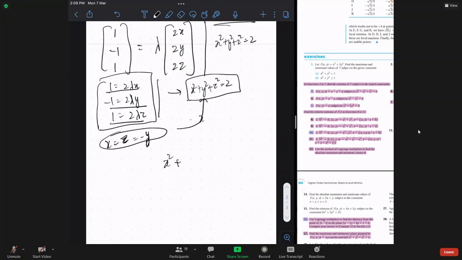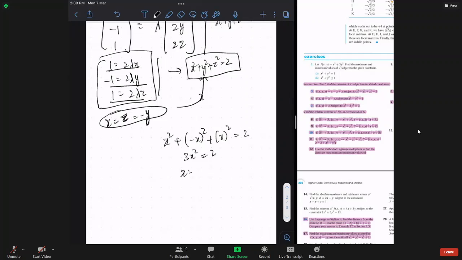So x squared plus minus x squared plus x squared is equal to 2. So I get 3x squared is equal to 2, and x is equal to plus or minus 2 by root 3. I get a coordinate of x.